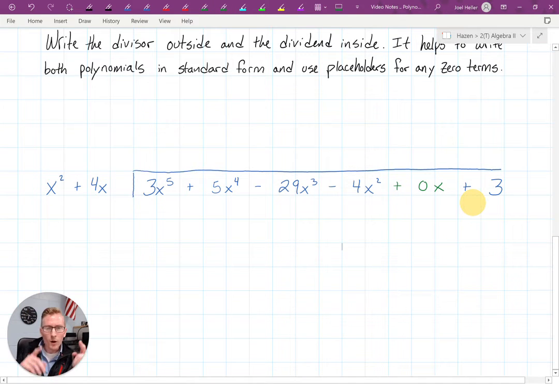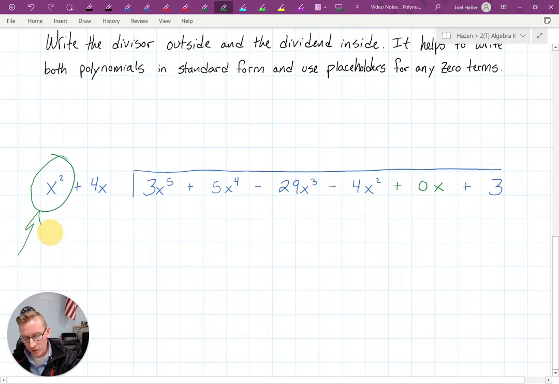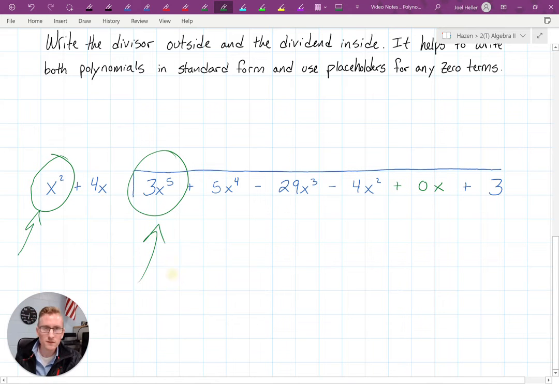Okay, now, remember when we were doing long division, we were looking for how many times does this number on the outside go into the number on the inside. That part is exactly the same. I'm looking for the first term on the outside. How many times does this first term go into the first term on the inside?